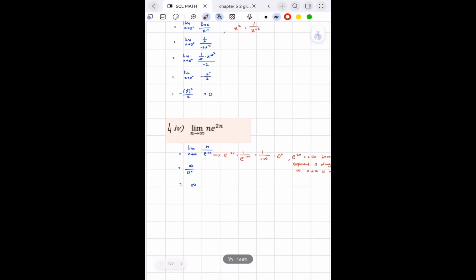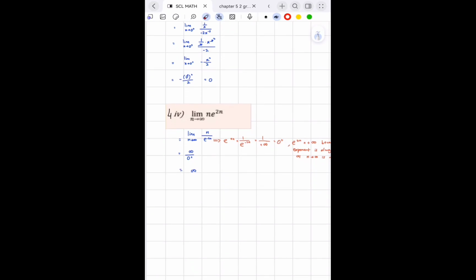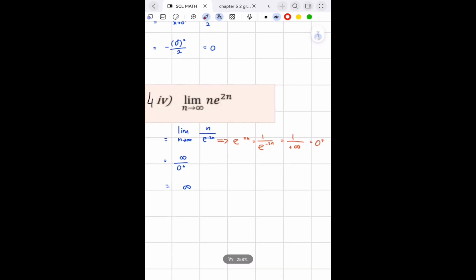For question 4 part 4, the limit as n approaches infinity of n e to the power of 2n. So for this question, we don't need to differentiate. Firstly, we will do the limit as n approaches infinity of n over e to the power of negative 2n, because if we bring it to the numerator, we will get e to the power of 2n.